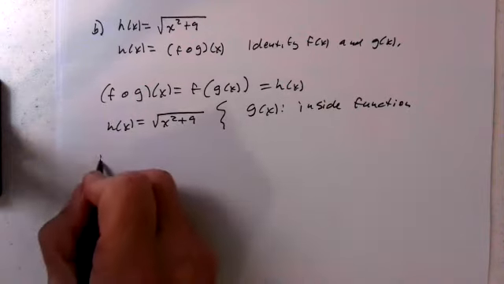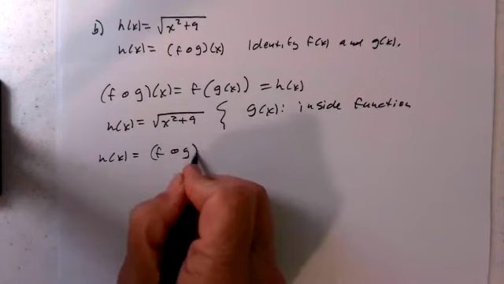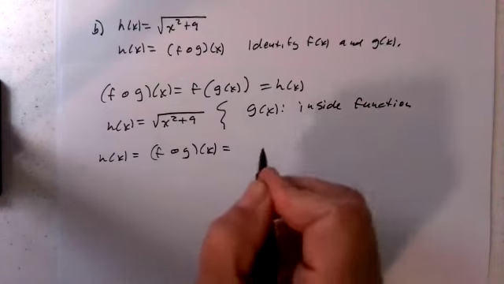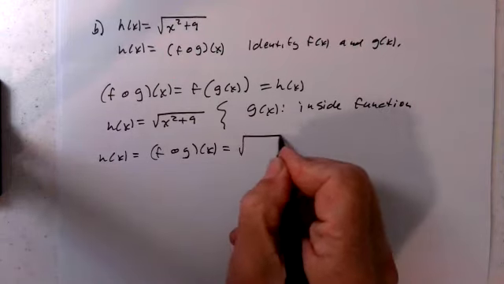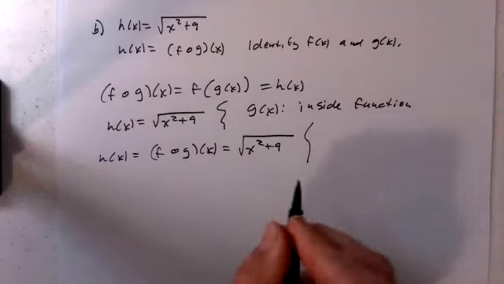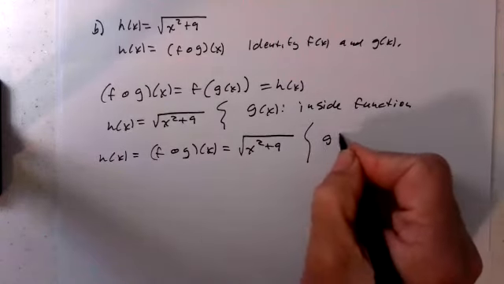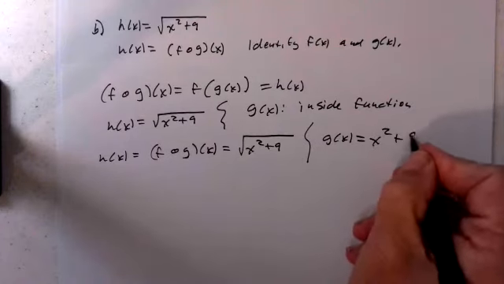So again, h of x is f circle g of x, that's what we want, which is going to be the square root of x squared plus 9. We're saying g of x is the inside function. So g of x is going to be x squared plus 9.